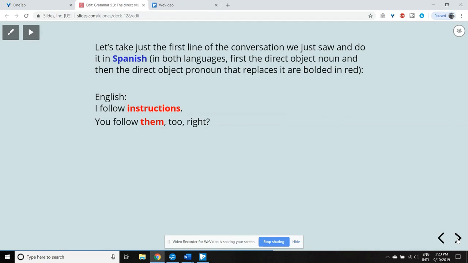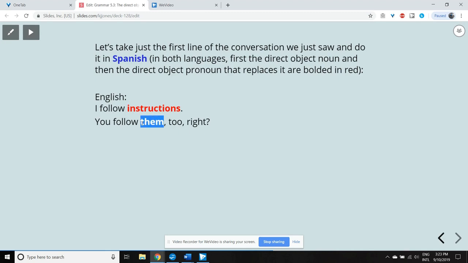So let's take just the first line of the conversation we just saw and do it in Spanish. And note that in both languages, first the direct object noun and then the direct object pronoun that replaces it are bolded in red. So here we were in English, right? I follow instructions. Instructions is our direct object noun. And then I said, you follow them too, right?